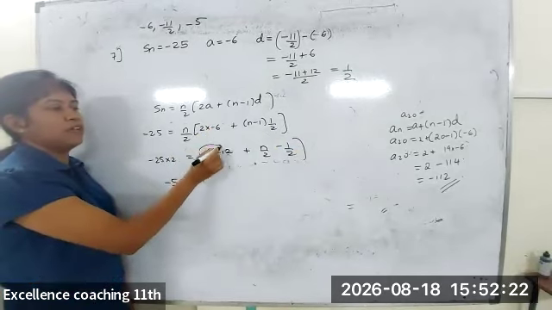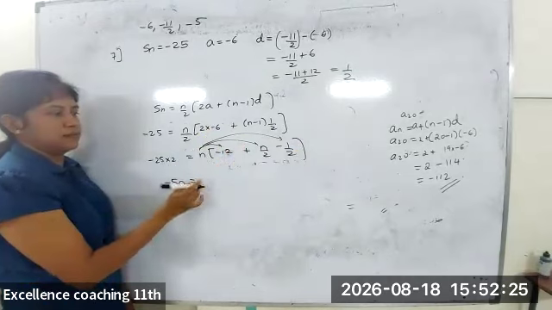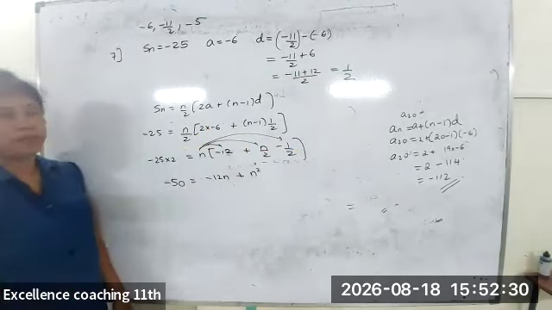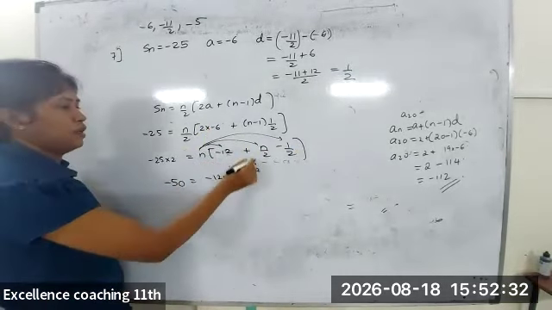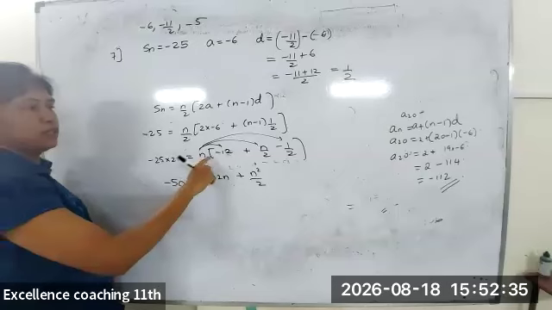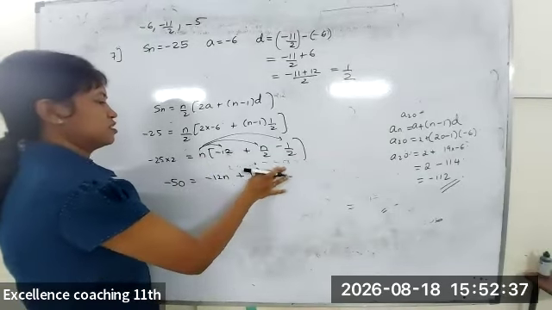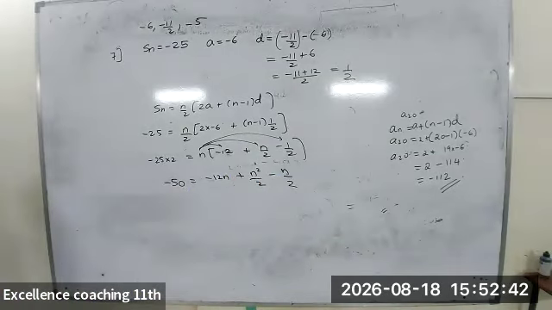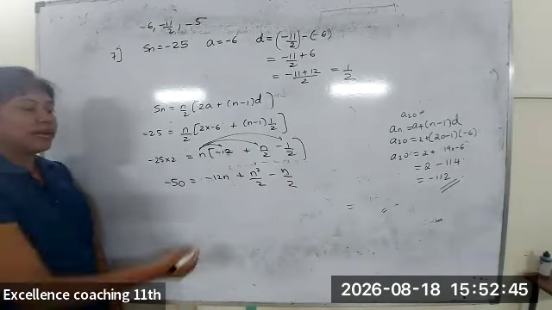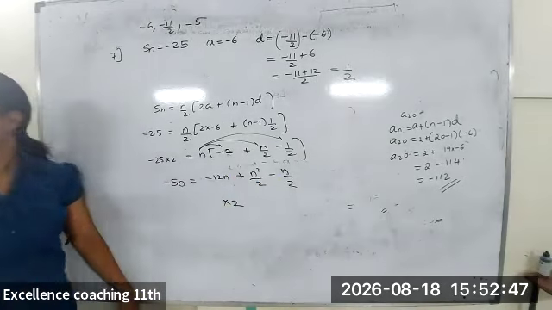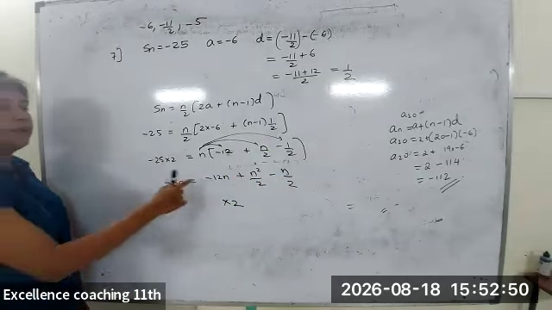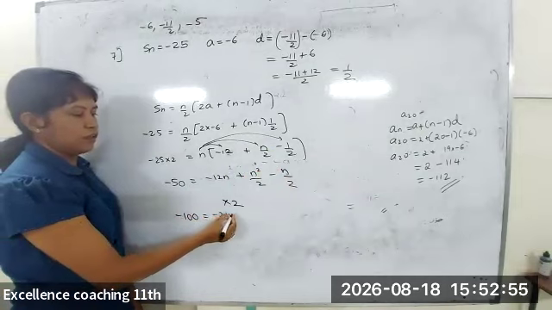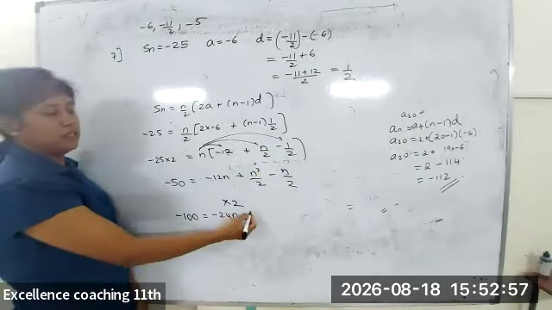So I'm just multiplying n to all the terms inside. Okay. There are various ways you could. First, you could cross multiply, but I find this the easier one because you don't have to cross multiply. So just open up the bracket. And now to get rid of the fraction, multiply throughout by 2. Multiply all the terms by 2. So this will become 100. This will become 24. 2 and 2 will cancel.